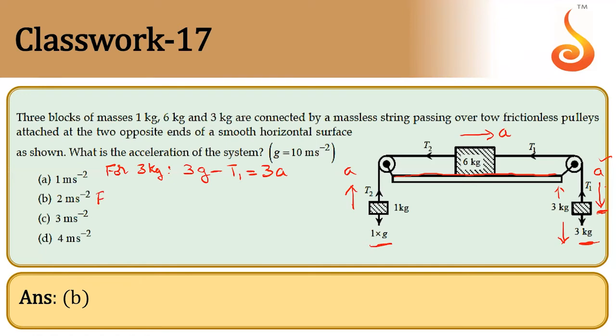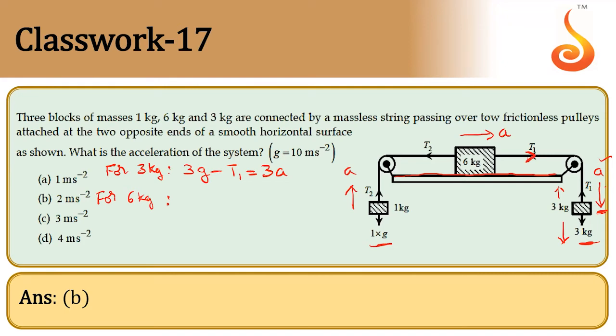Similarly, for 6 kg, what can I write? See, T2 is pulling it backwards. T1 is pushing it forwards. Here this direction should be opposite.